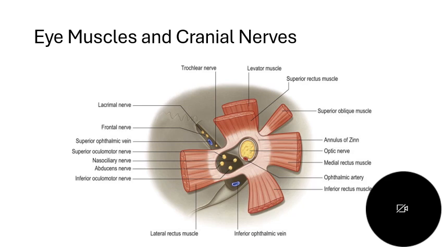The trochlear, oculomotor, and abducens nerve are motor nerves, so they help to move things. The lacrimal, frontal, and nasociliary, for ease, are part of the trigeminal nerve, and they help with sensation. Then you have the ophthalmic veins, the superior and inferior ophthalmic veins, which help drain blood out of the orbit.